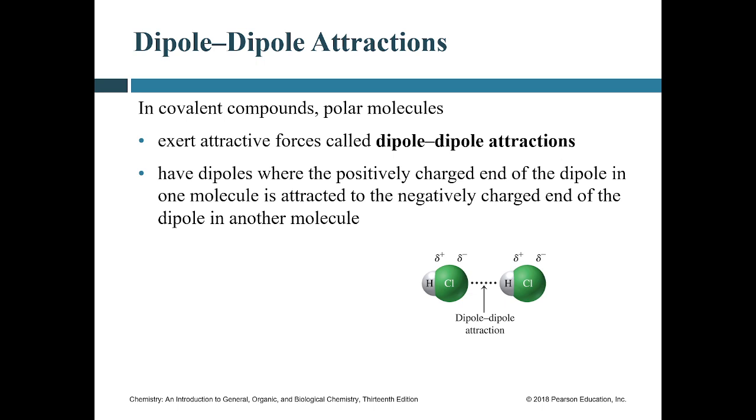And it's the force you have to overcome if you try to melt it or boil it. So when you try to boil something like HCl, or melt it when it's frozen, you have to break these intermolecular connections, these dipole-dipole attractions.